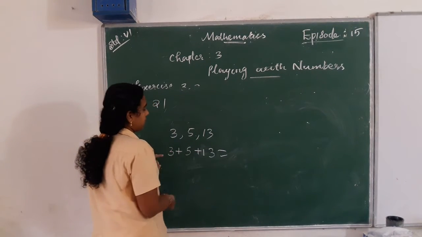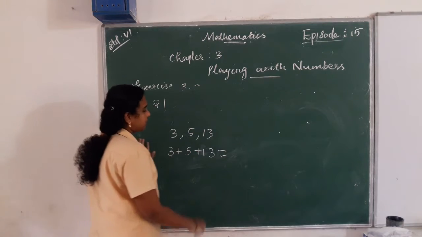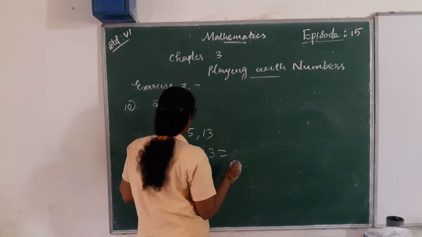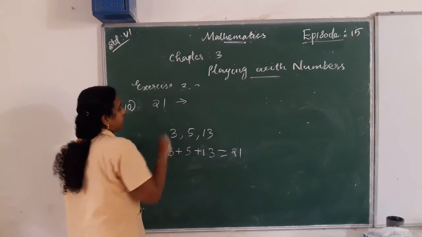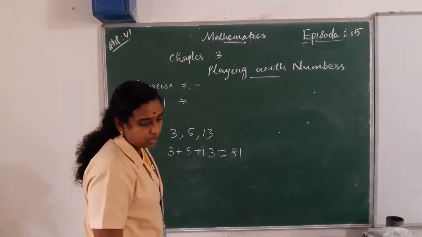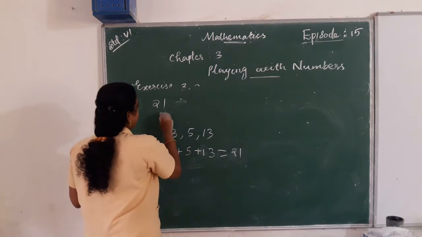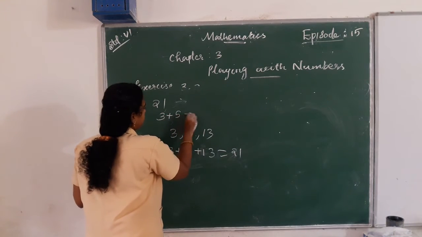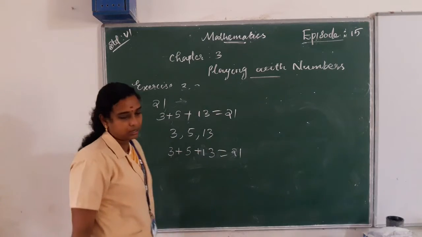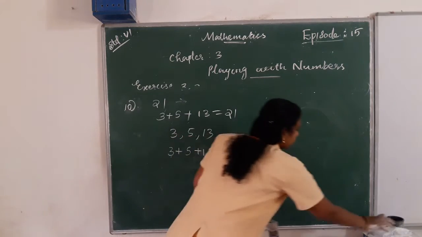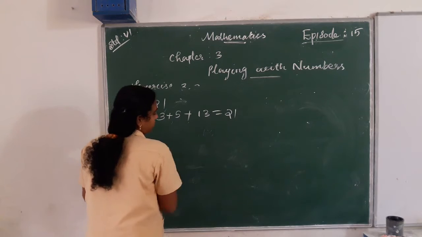That is 5 plus 3, 8. 8 plus 13, 21. So 3 plus 5 plus 13 is equal to 21.